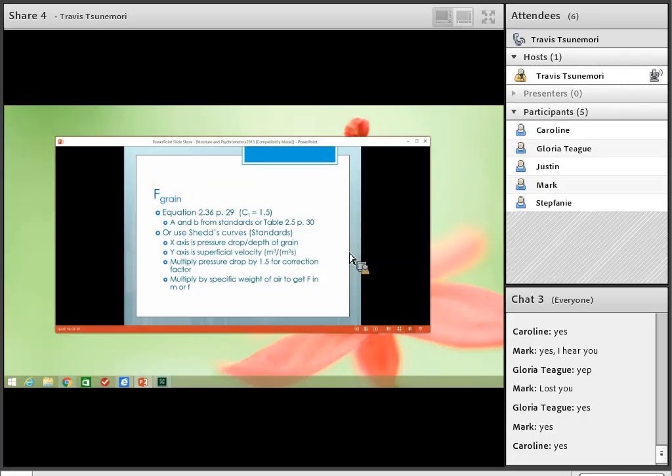The other thing we can use, which is typically simpler if you're doing a problem by hand, is to use Shedd's curves. These are available in the standards, and I also included them in the handouts for today. On a Shedd's curve, the x-axis is pressure drop divided by the depth of grain. On the y-axis, we have superficial velocity.